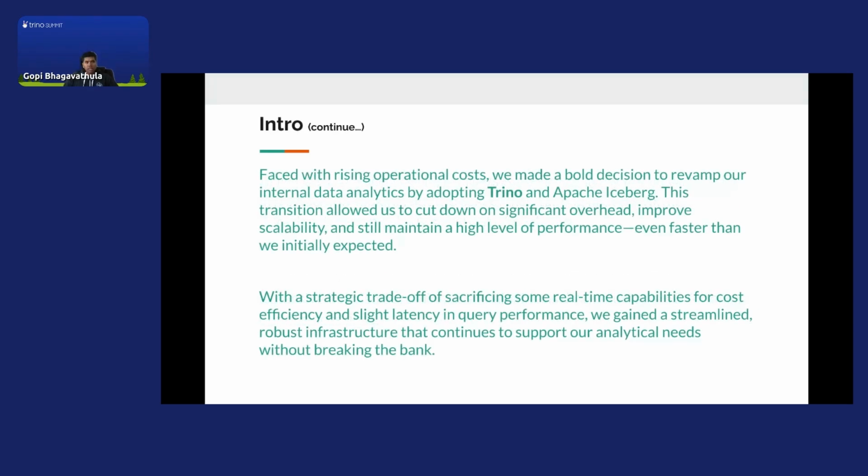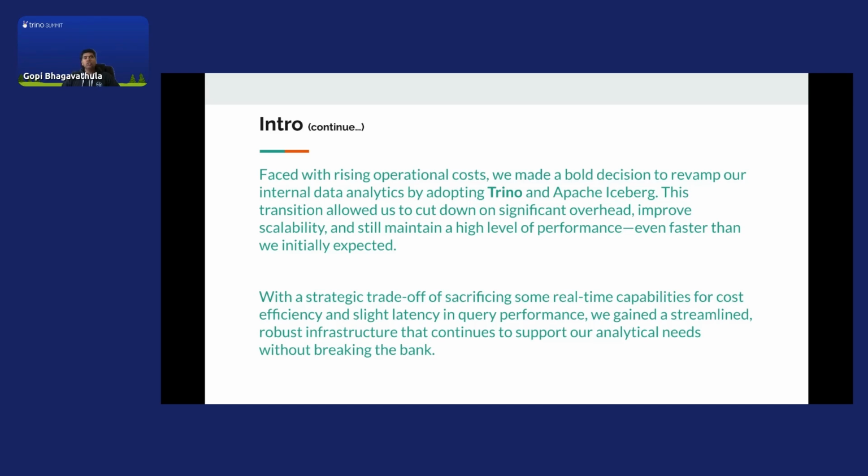Faced with these rising operational costs, we made a bold decision to revamp our internal data analytics by adopting Trino and Iceberg. This transition allowed us to cut down on significant overhead, improve scalability, and still maintain a high level of performance, even faster than we initially expected.